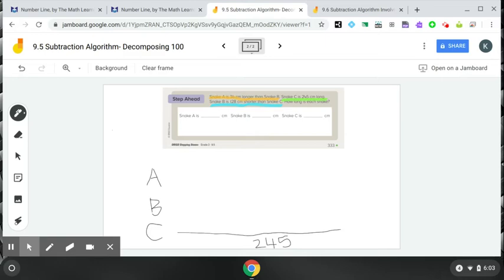The next information it tells us here is snake B. Snake B is shorter than snake C. And it even tells us that snake B is actually 128 centimeters shorter.